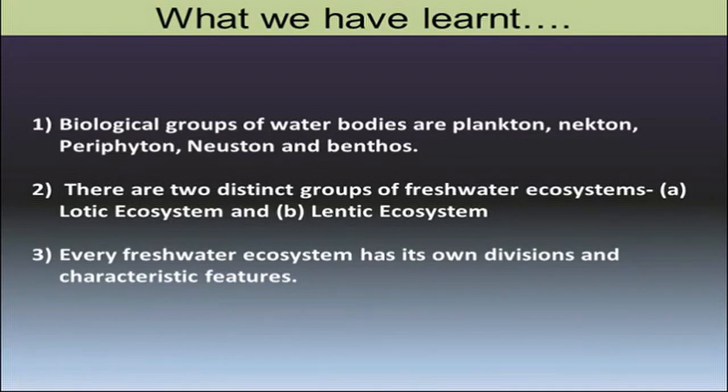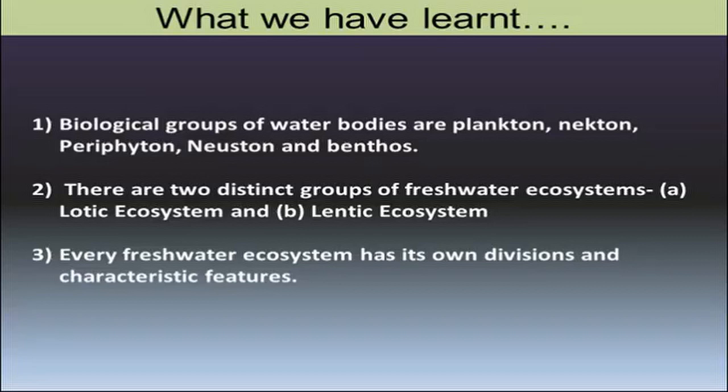So my students, what we have learned from this class is that the biological groups of aquatic water bodies can be divided into 5 groups: Plankton, Nekton, Periphyton, Neuston, and Benthos. And there are 2 distinct groups of freshwater ecosystems: one is Lentic ecosystem and the second is Lotic ecosystem.